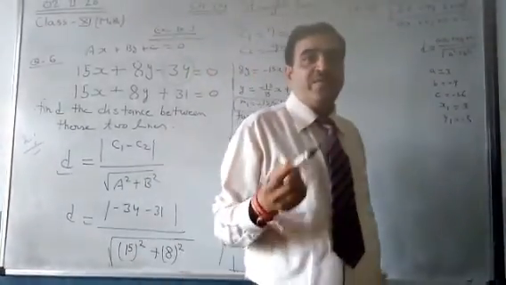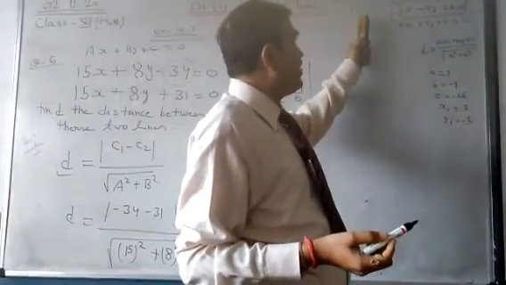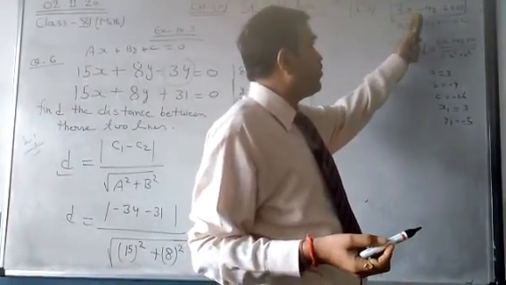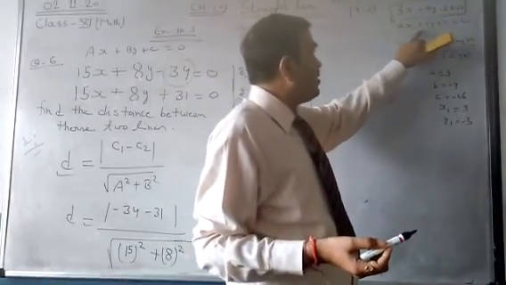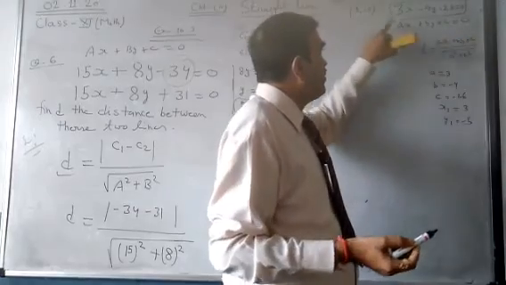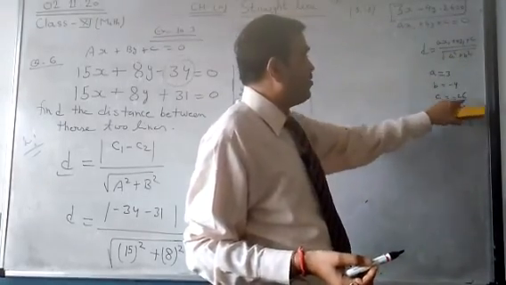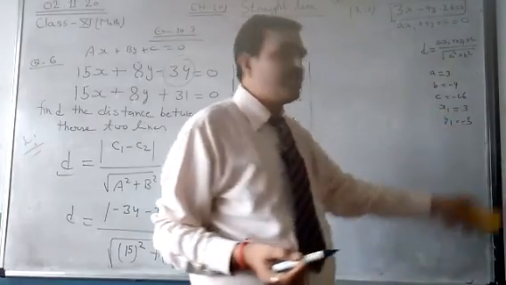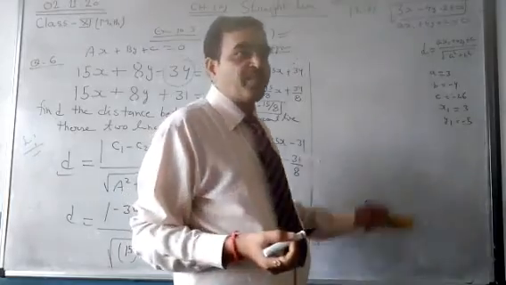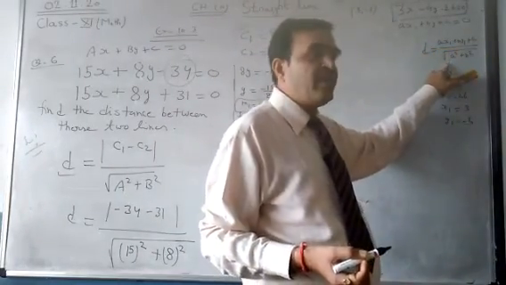One more question. Find the distance from 3 comma minus 5 to the straight line 3x minus 4y minus 26 equals 0. Comparing with ax plus by plus c equals 0, a equals 3, b equals minus 4 and c equals minus 26, and the given point x1, y1 is 3 comma minus 5. We know that d equals |ax1 plus by1 plus c| upon under root a square plus b square.